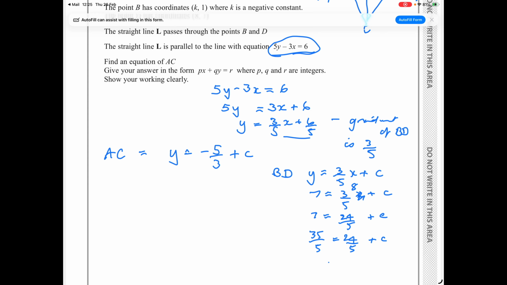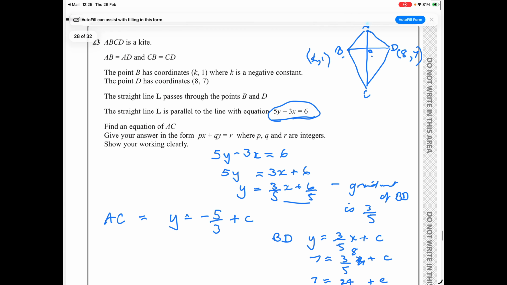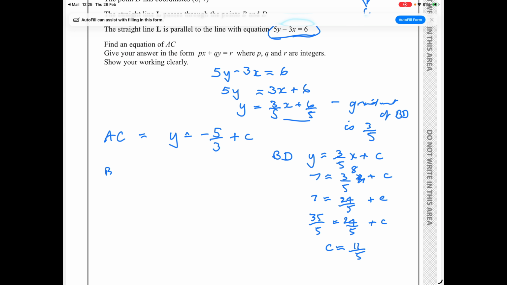So let's take 24/5 off both, which means that c equals 11/5. Okay, so now we know that BD, which is what we needed for the midpoint, equals y equals 3/5 x plus 11/5.